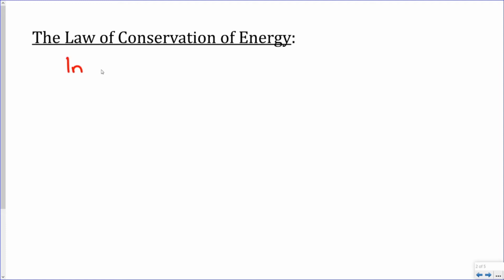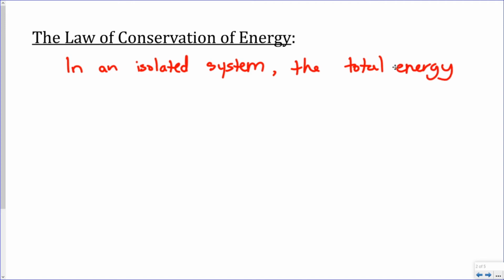So in an isolated system, that just means there's no external forces acting on it. The total energy, and how could we write total energy? We could say the sum of all types of energy here, right?